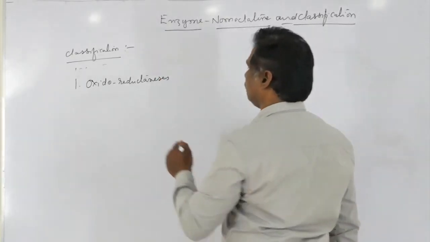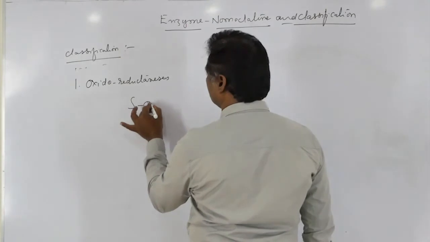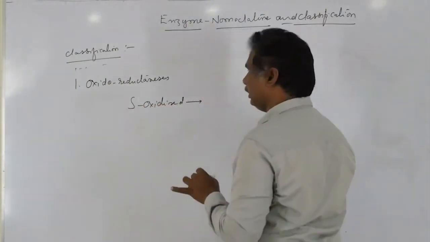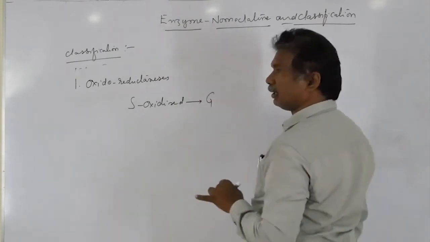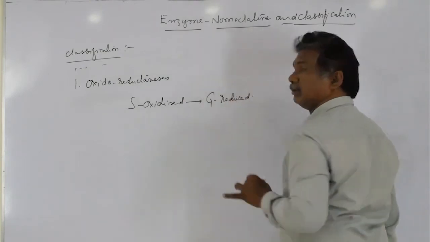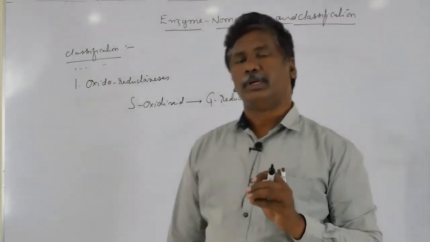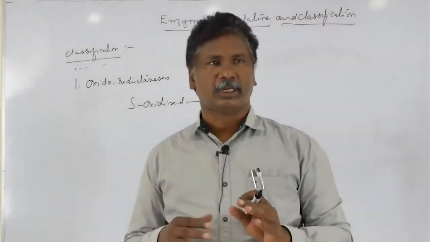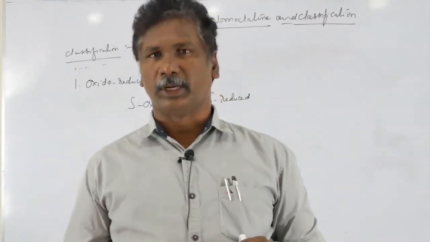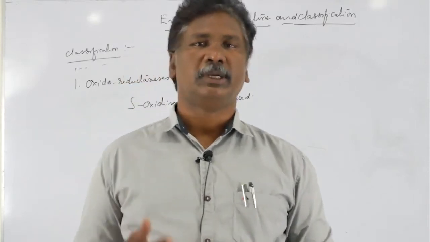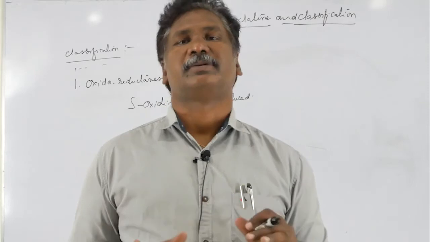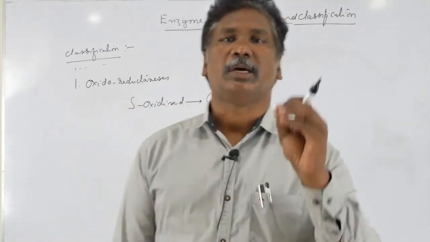That means one substrate is oxidized and ultimately another one is reduced. Loss of electrons or protons, or addition of oxygen to the substrate, is also said to be oxidation.